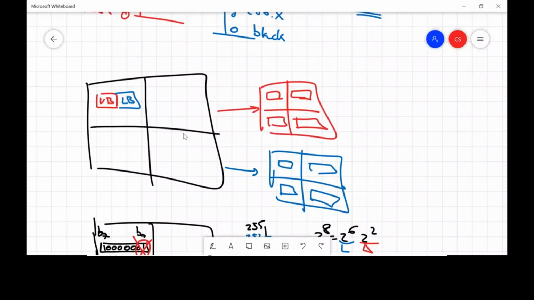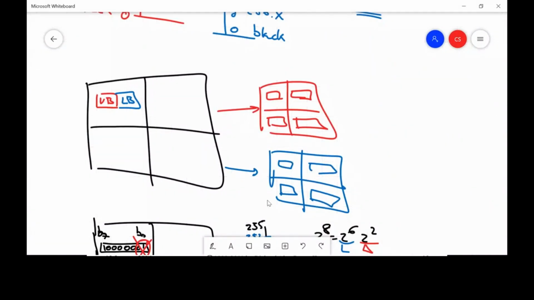You can separate into the upper and lower bytes. And then this is the dark image, this is the bright image. So this is dark, this is bright.